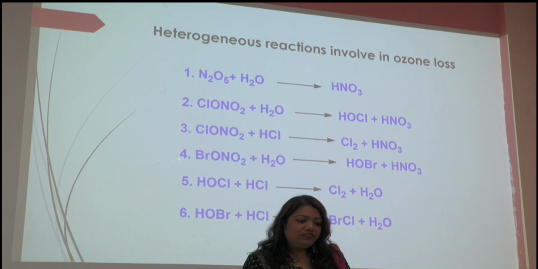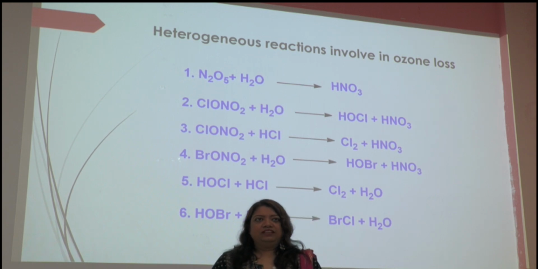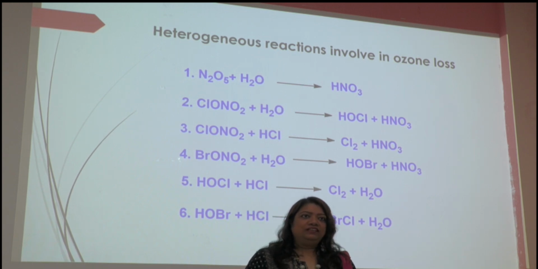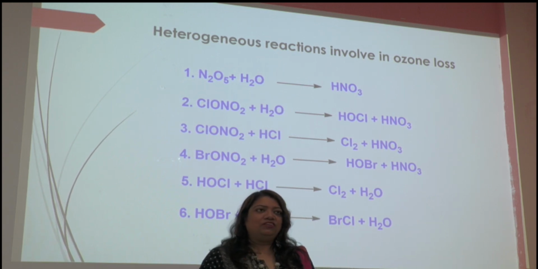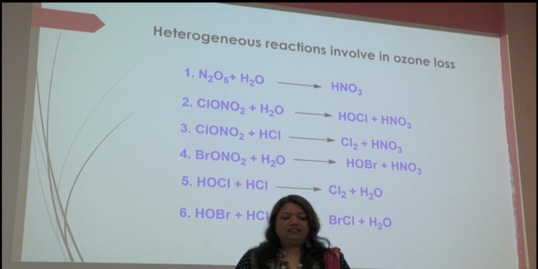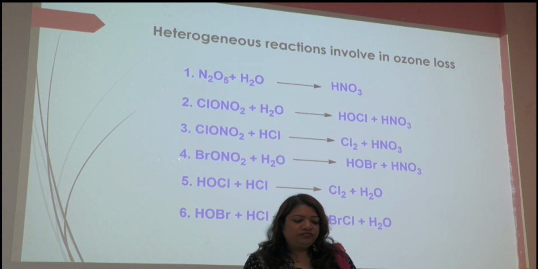Now chloronitrate will react with HCl, this is the main reaction, that was the outcome of the SOLVE mission. That is, chloronitrate will react with HCl to form chlorine gas and HNO3. So this is the chlorine atom. This is the main cause of this ozone depleting mechanism.